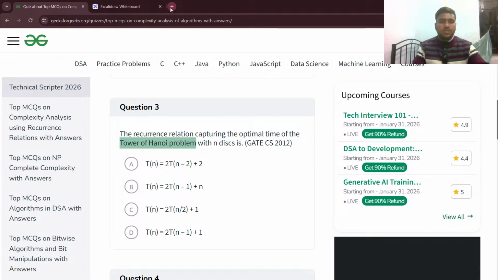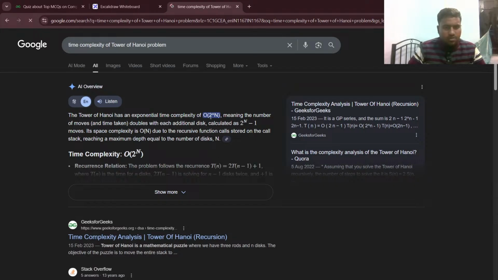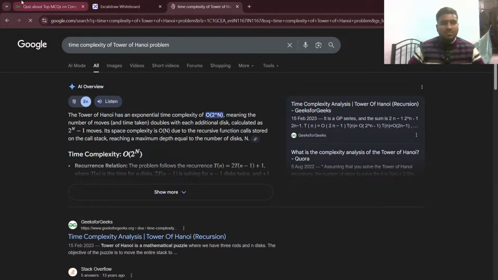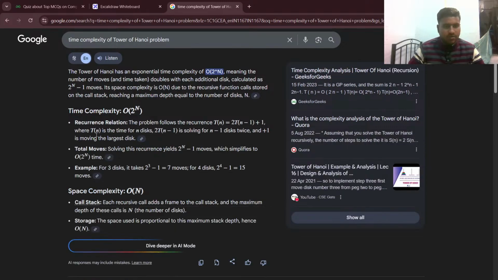Let's say the time complexity of the Tower of Hanoi problem. Okay, let me check it. Oh, actually, it's my fault. That is 2 raised to power n. Let me understand in the table.